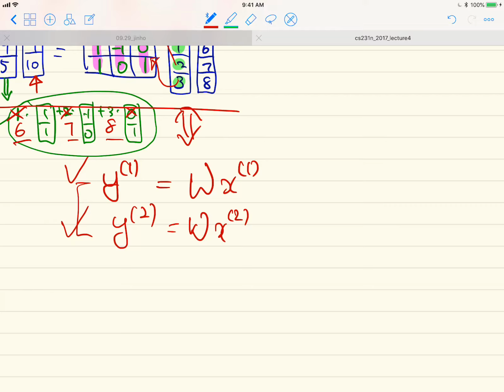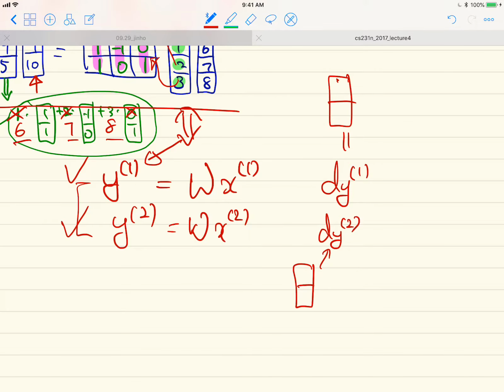And so at this point on y, we will have its own gradient, which is d of y1 and d of y2. And these are actually vectors, right? And also this is another vector, which is a two-dimensional vector.